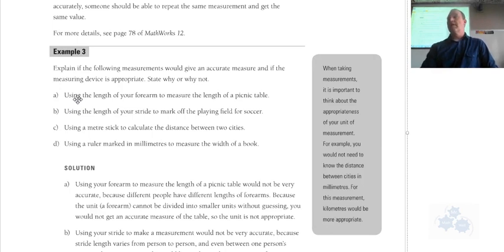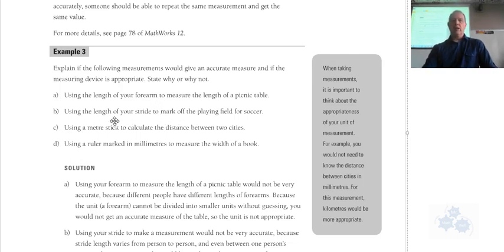Okay, close, but very different, right? So if you measured the picnic table in forearms, that's not really an appropriate unit, right? And it wouldn't be very exact. It'd be like, well, forearms, I don't know, half, a three-quarters of a forearm, I don't know. And what does that even mean, right? So it wouldn't be very accurate, and it probably wouldn't be really appropriate. You'd be guessing.